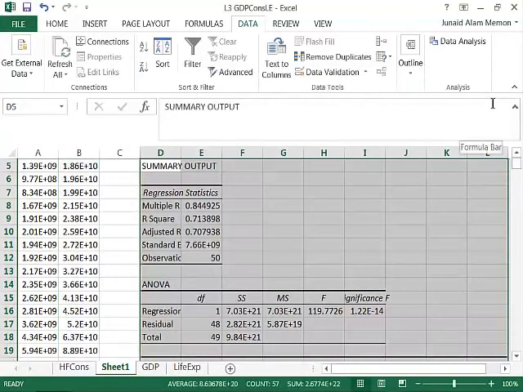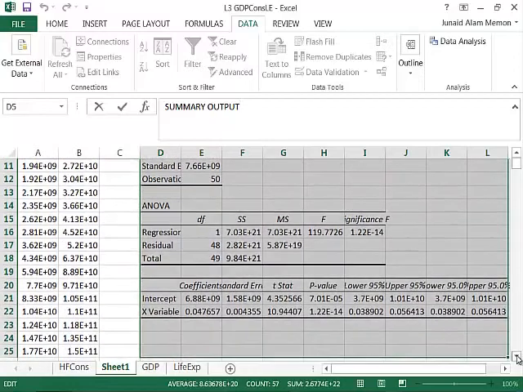Okay. Here it is. Now the R squared is 71%. You see the x variable coefficient is 0.047.